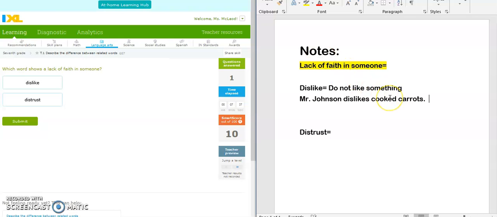I do not like them at all. That means I don't like something. Now, distrust means to not trust.